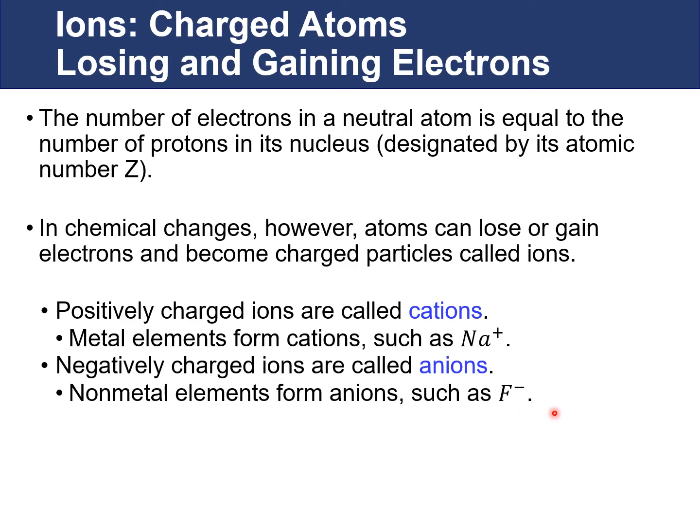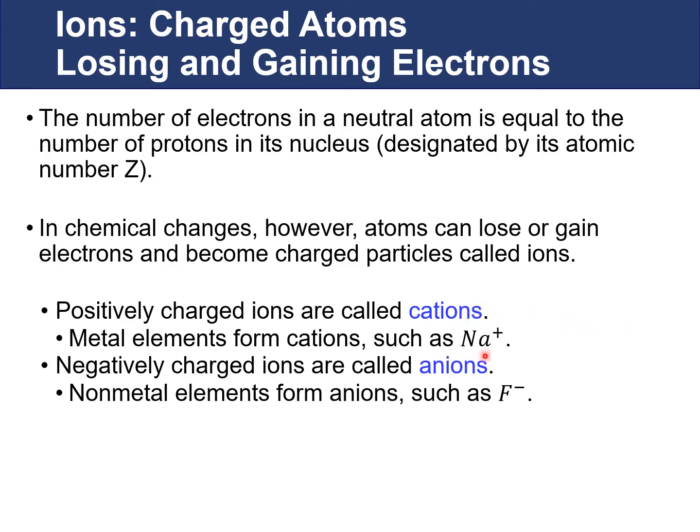You can denote the relative number of electrons compared to the protons by the charge in the upper right. So, for example, our sodium has a plus, which means that it has more protons than it has electrons, keeping in mind that electrons have a -1 charge. So the reason that this has a positive charge is because it has lost one of its negative charge carrying subatomic particles, the electron.